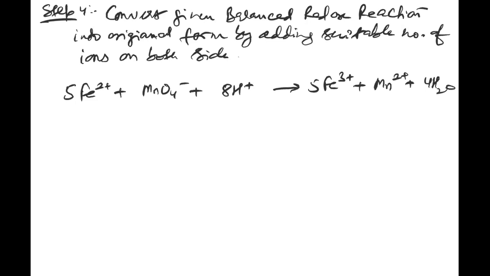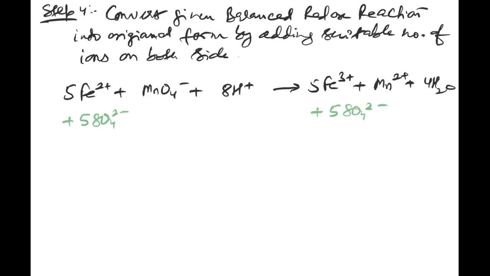Till now we have balanced this reaction up to this much, but you have to convert ferrous ion into ferrous sulfate. So you need to add 5 sulfate ions and an equal number of sulfate on the opposite side, such that we do not disturb this already balanced reaction.